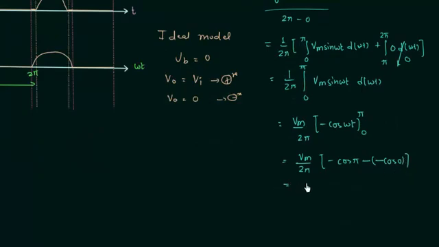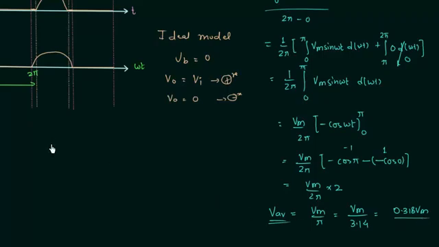When you solve this, you have Vm divided by 2 pi multiplied by 2, because cos pi is equal to minus 1, cos 0 is equal to 1, so we have 1 plus 1, which is equal to 2. So V average is equal to Vm divided by pi, or Vm divided by 3.14, and this is equal to 0.318 Vm. So the average output voltage is equal to 0.318 of Vm, the maximum or peak voltage.